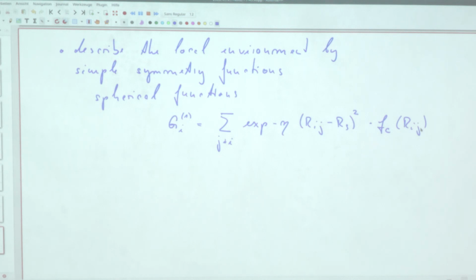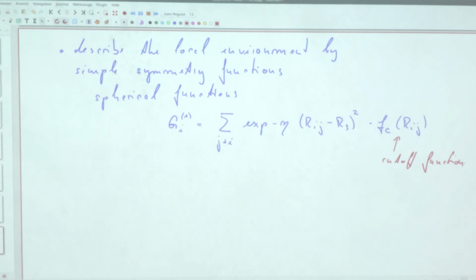You want the range of these functions to be limited. And this is the distance Rij.